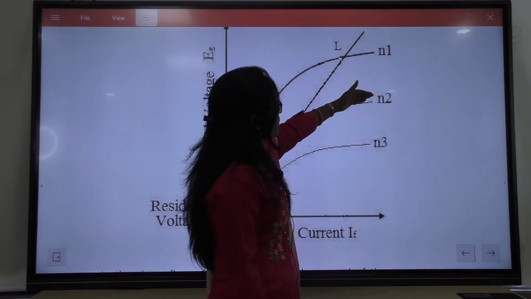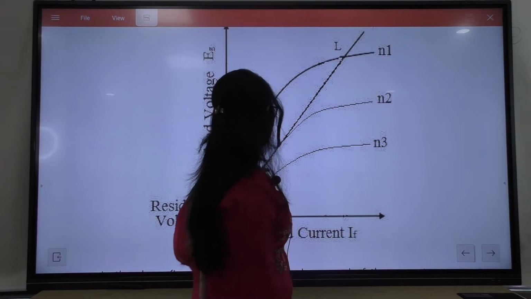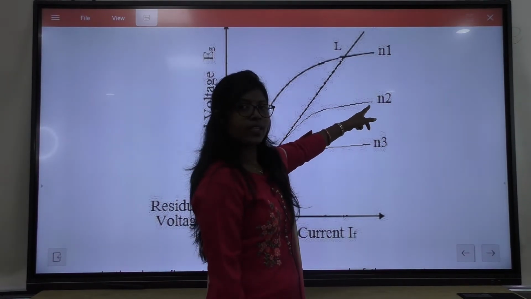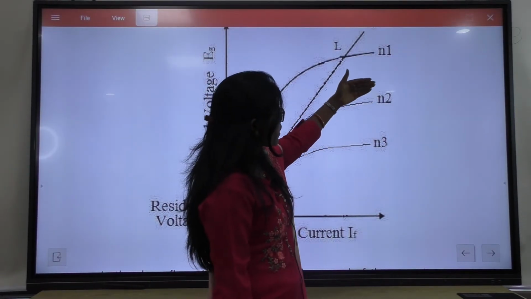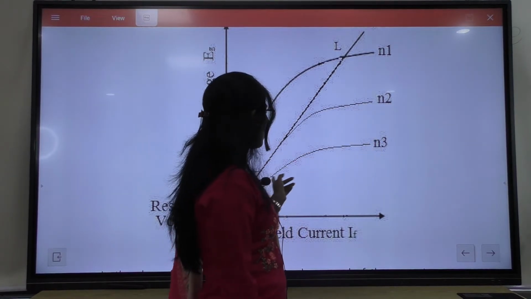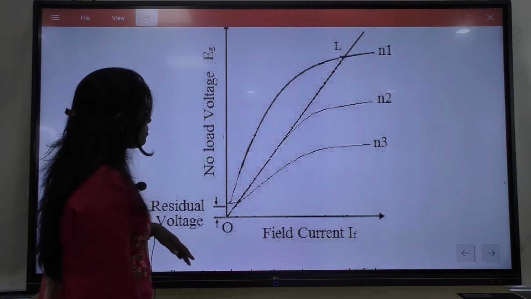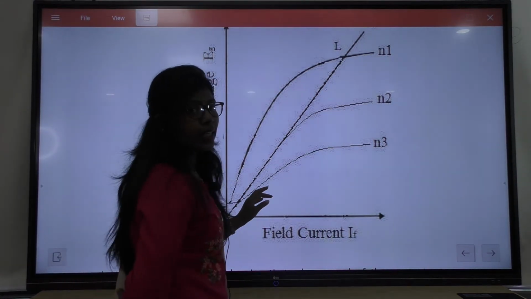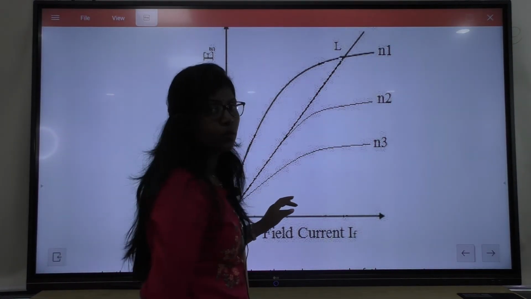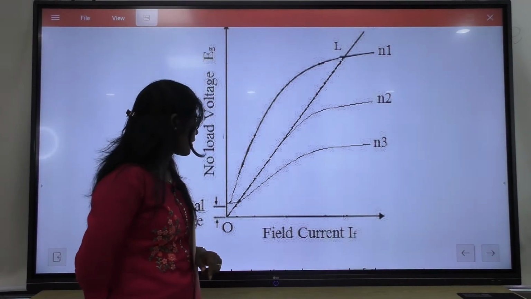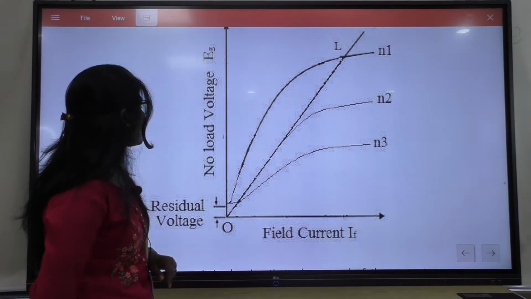If we decrease the speed from N1 to N2, then this is the open circuit characteristics. Again, if we increase from N2 to N3, then this is the characteristics. Okay. So, what is the critical speed, which we represent as NC? Critical speed is represented as NC.